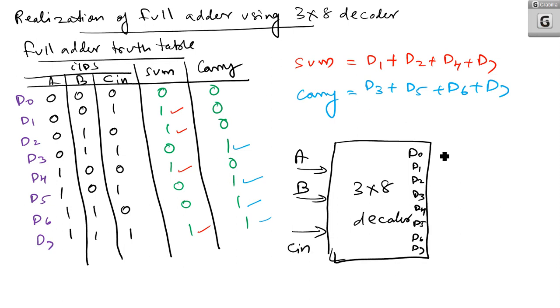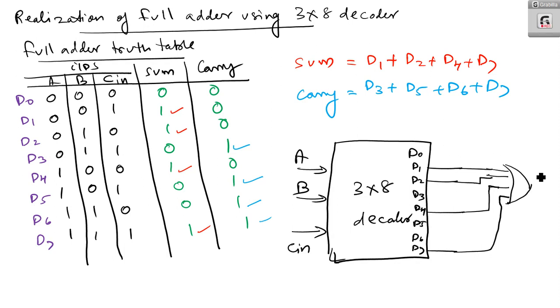So what is sum? D1 or D2 or D4 or D7. If you OR these four elements, you will get the sum, so the 4-input OR gate gives you the sum.